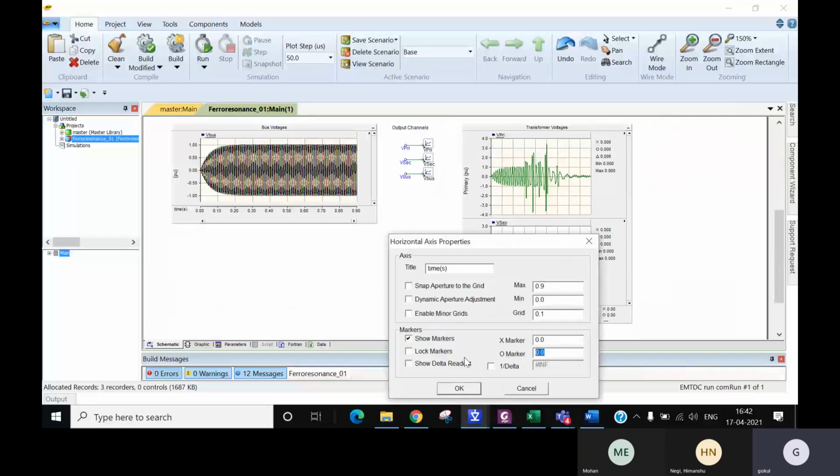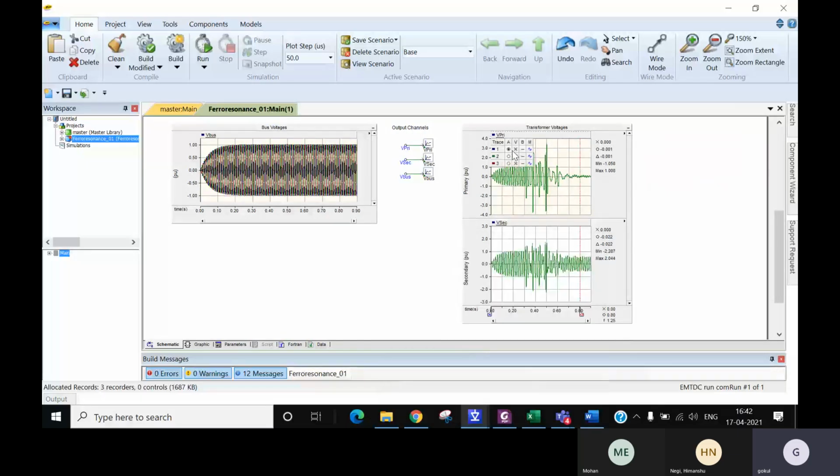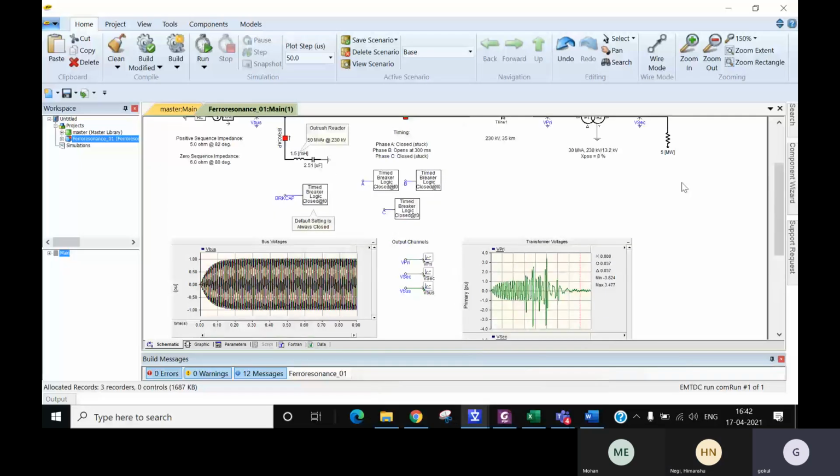The overvoltage was 3.8, right? I just increased the load, which acts as a damping factor.